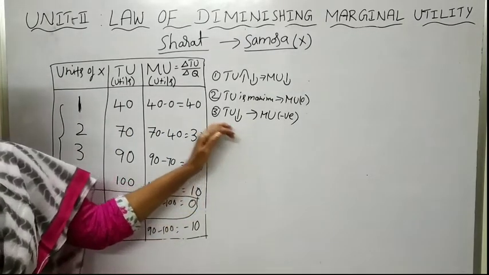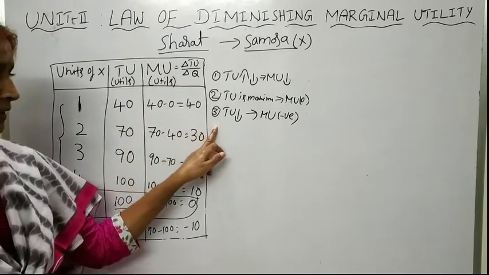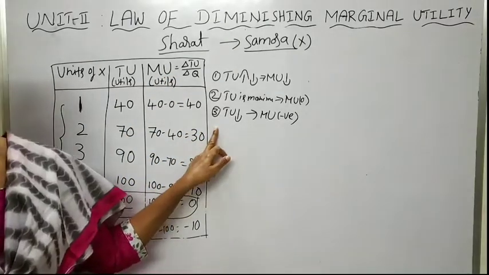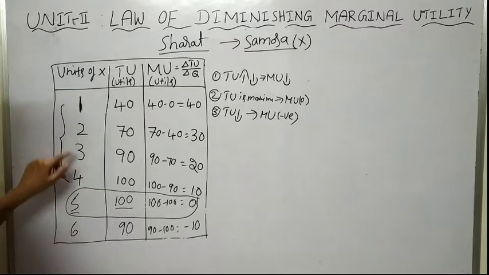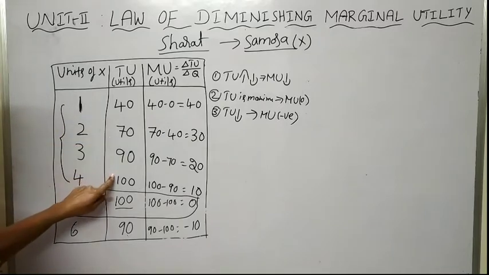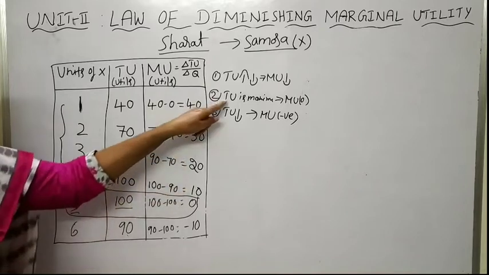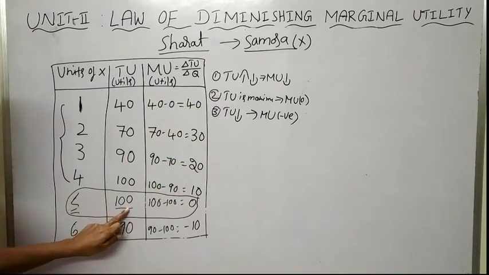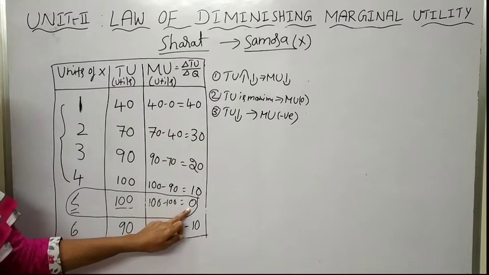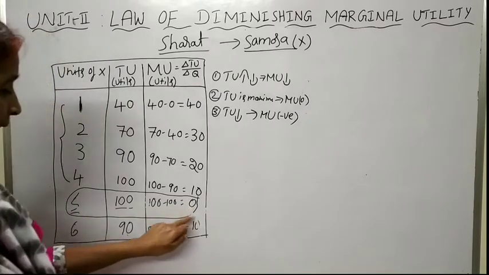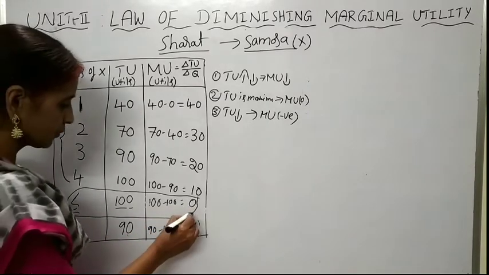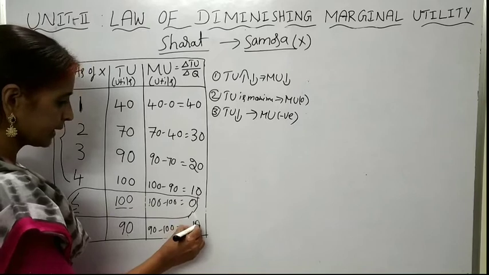There are 3 stages in the relation between the total utility and the marginal utility. Up to the fourth unit, total utility is increasing in a diminishing way. At that time, MU is falling. Secondly, when TU is maximum, MU becomes 0. It indicates that the want of the consumer is completely satisfied. After that, there is no use of consuming the commodity.